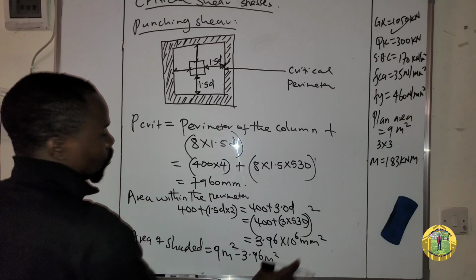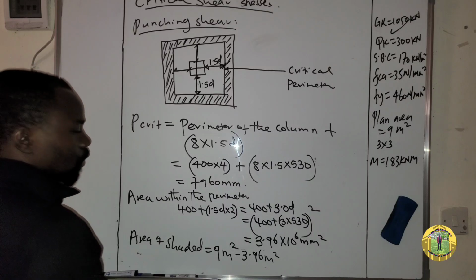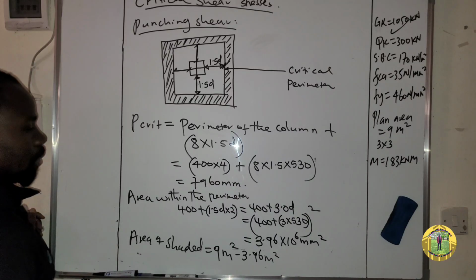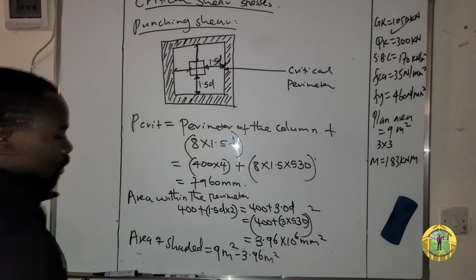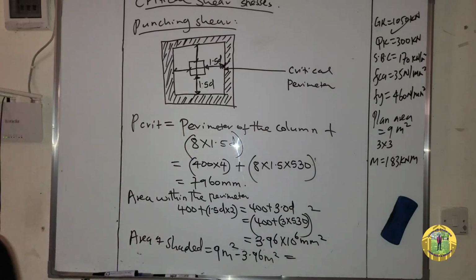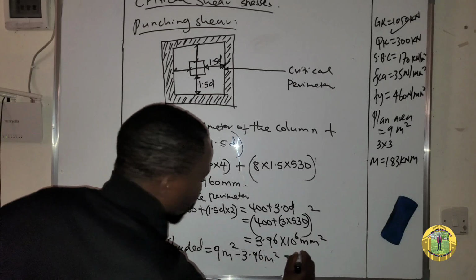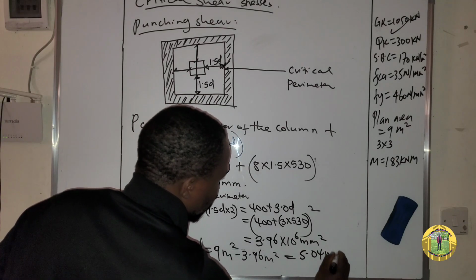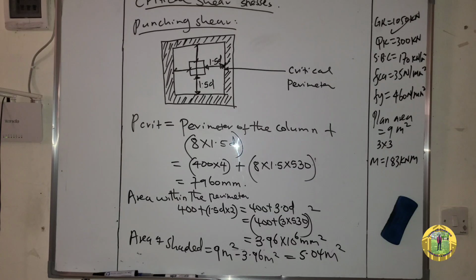So I have converted this into meter square. So you just divide by 10 raised to power 6 and it will cancel. So this one is equal to 9 minus 3.96, which is 5.04 meter square. So this is the area of the shaded part.